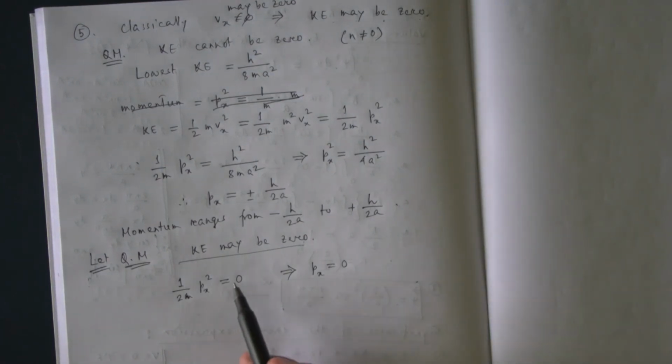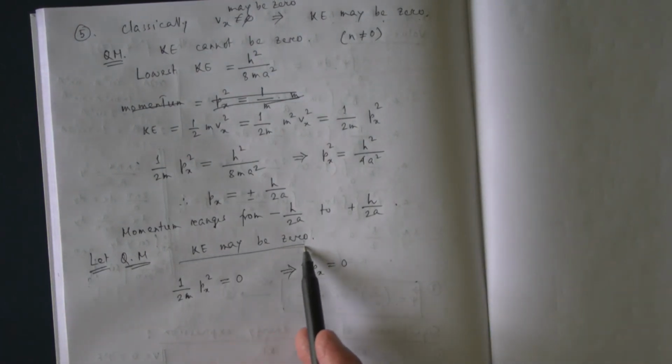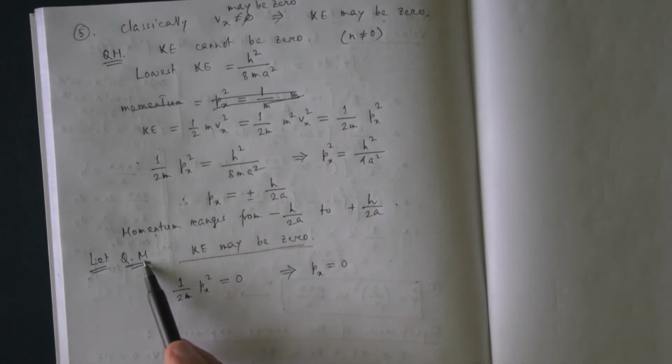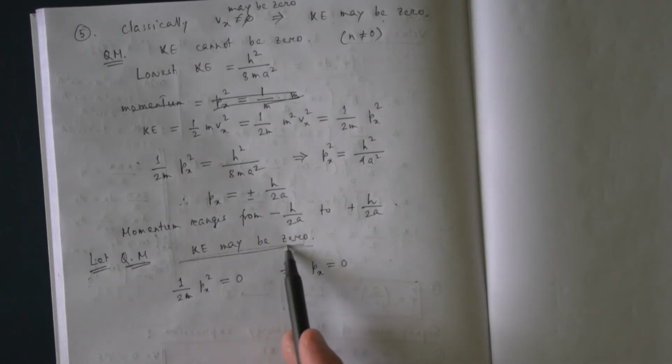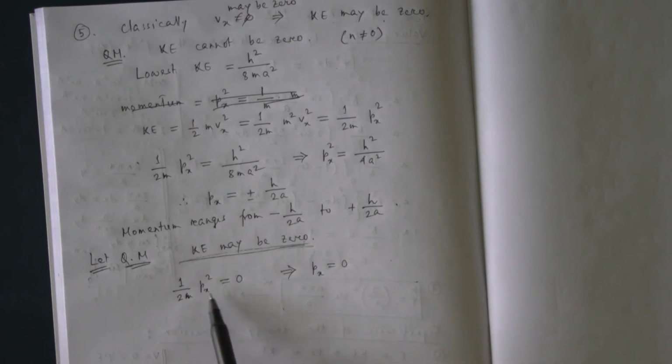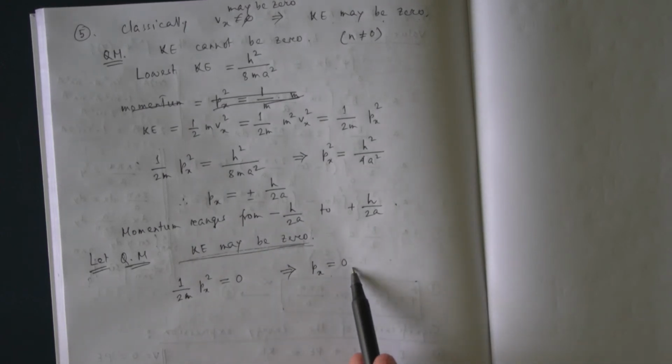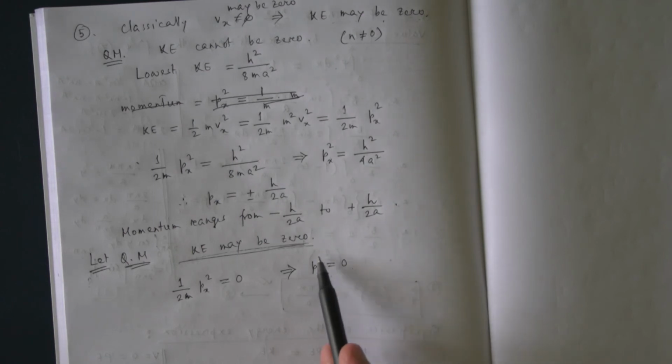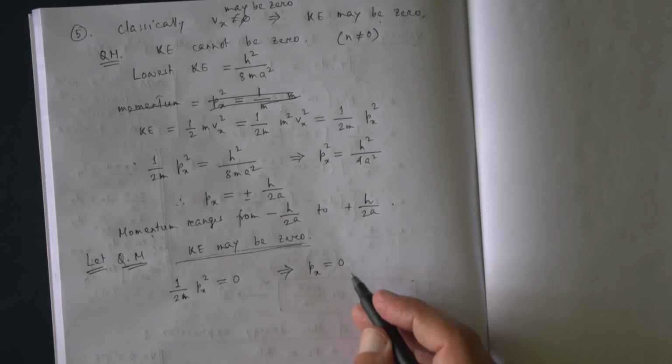If kinetic energy becomes zero, then momentum will become zero, that means we know the value accurately.